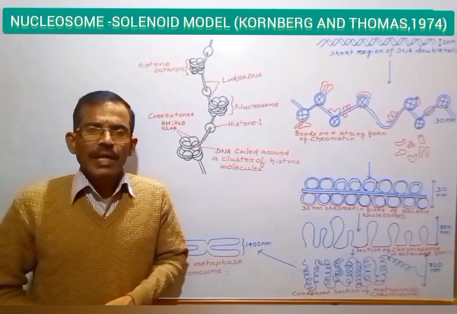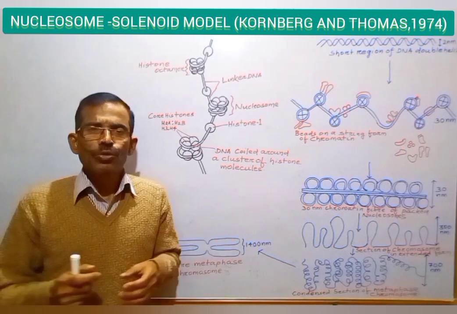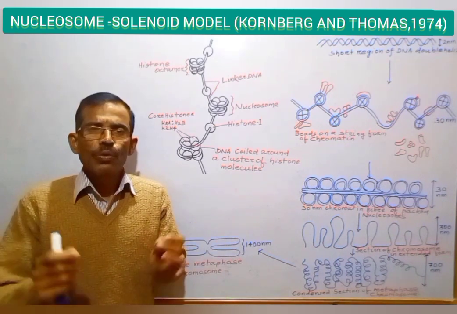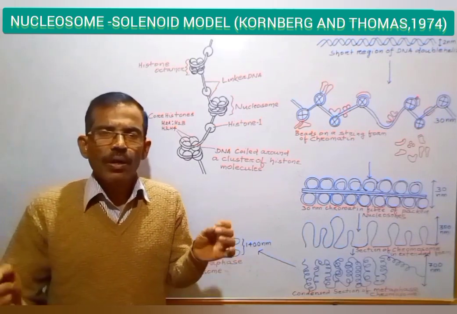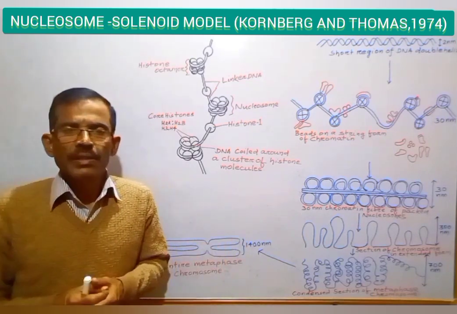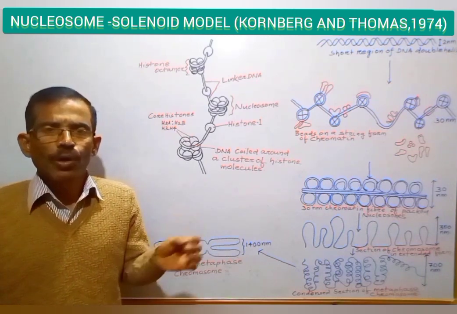Another model that explains the packaging of DNA into chromosomes is the nucleosome solenoid model. It was proposed by Kornberg and Thomas in 1974. This is the widely accepted model.